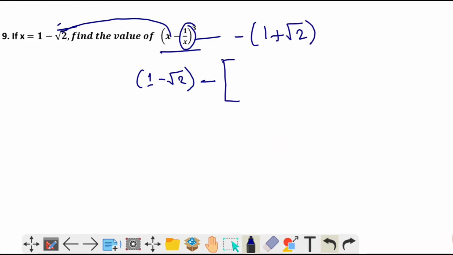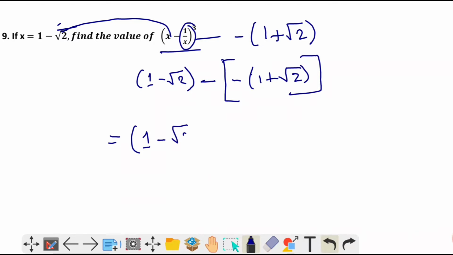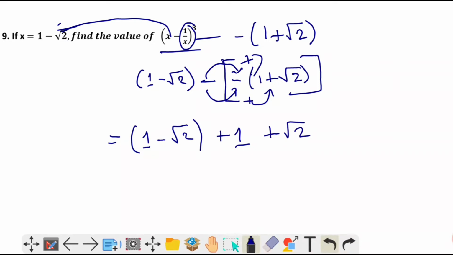Since there are two minus signs, we'll take another bracket, that is minus (1 plus √2). Now we'll solve it. 1 minus √2. Now the negative sign, that is minus, will change the signs: minus into minus is plus, plus into plus is plus 1. Again minus into minus is plus, plus into plus is plus √2.